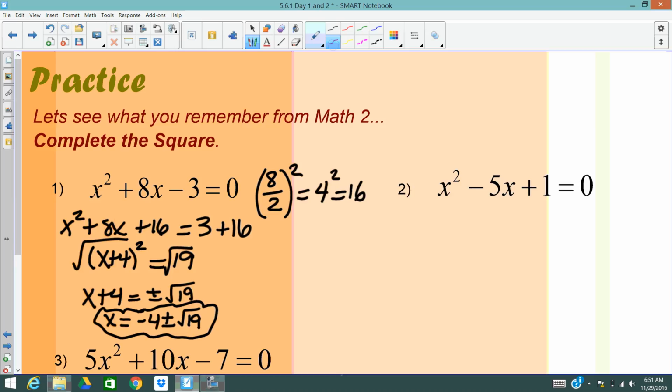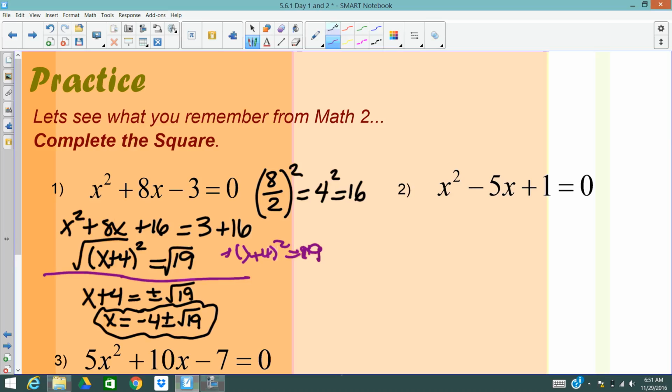For today's lesson, we're not going to be going any further than that step right there, just leaving it as the quantity x plus 4 squared equals 19. The solving part is, again, just a review from last year.